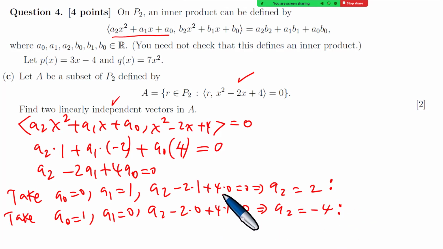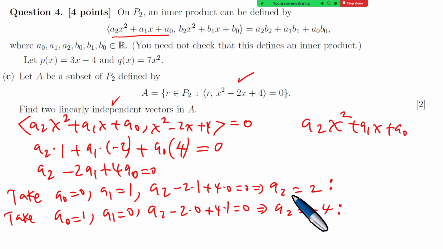So now, if this is the case, what then are we able to get out of this? We put everything into this polynomial. What is our A2 here? Remember that we have A2x squared, A1x, and A0. That is the polynomial, so we plug everything in.